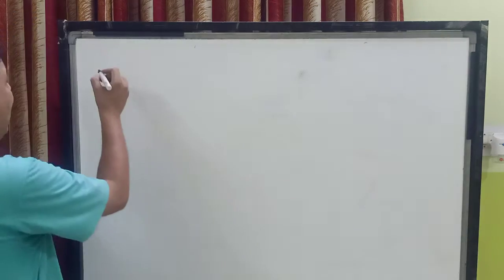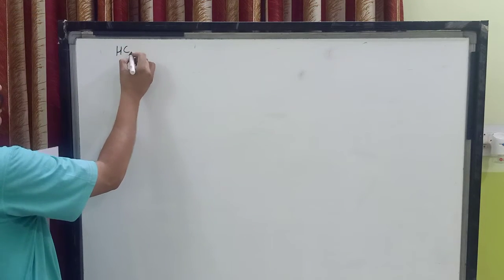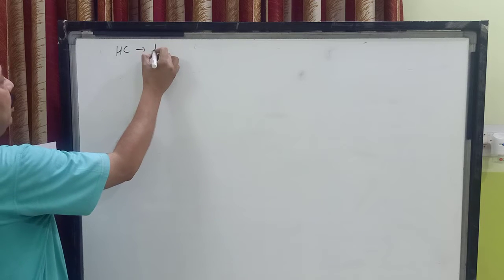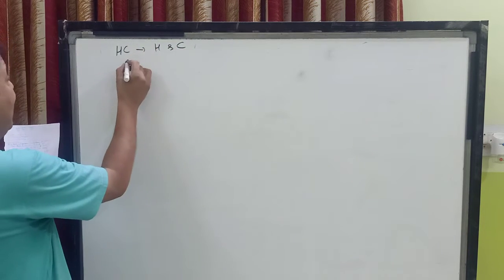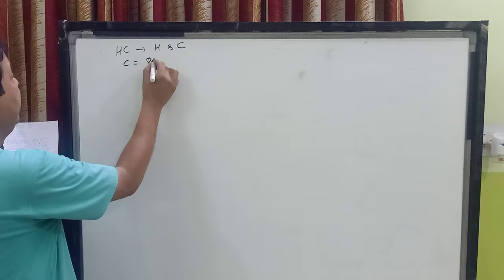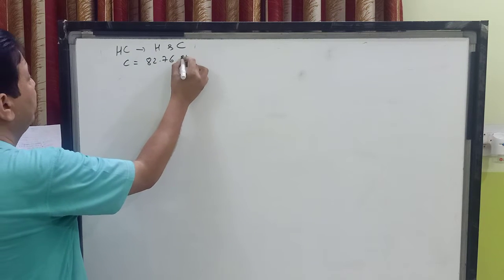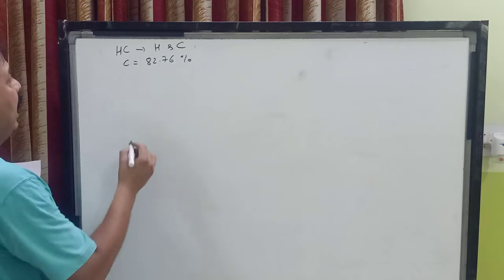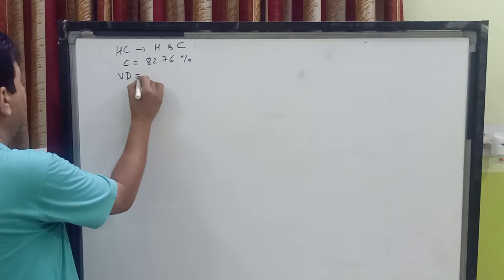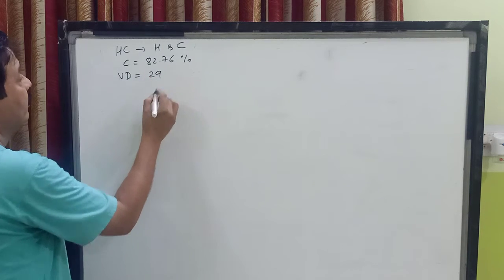So hydrocarbon means a compound of hydrogen and carbon. Carbon in this compound is 82.76%, hydrogen is not given, and its vapor density is given as 29.